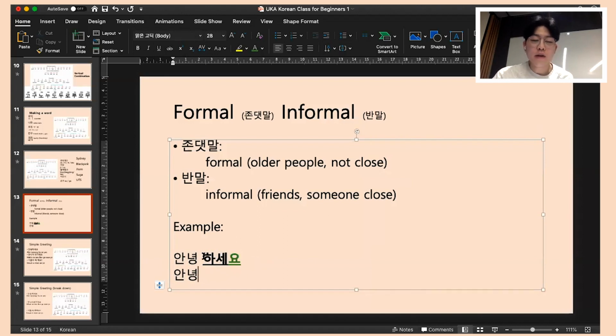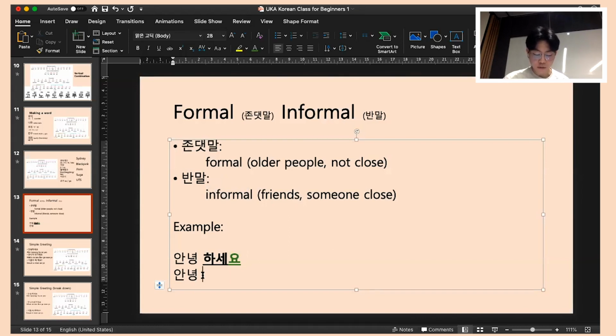So in Korean, you have two expressions, two ways of saying sentences. One ends with yo, well, most of them. And another one is for your informal friends and someone who's close. It doesn't have yo at the end.